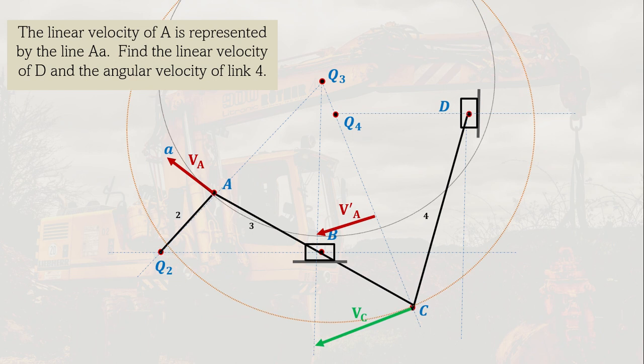So this is the circle. So again, it's not really very perfectly located now, but the radius of this orange circle is Q4C. So we swing again VC, just like what we did before. We swing it to the line joining Q4 and D. So we swing it there along the same orange circle.